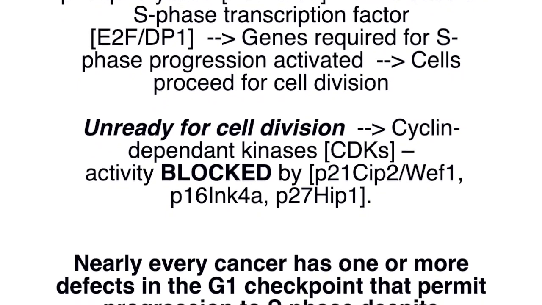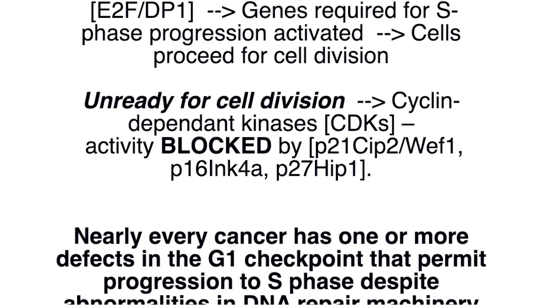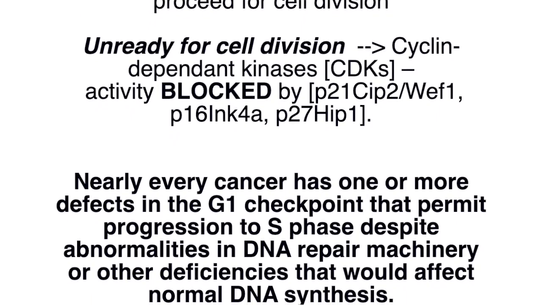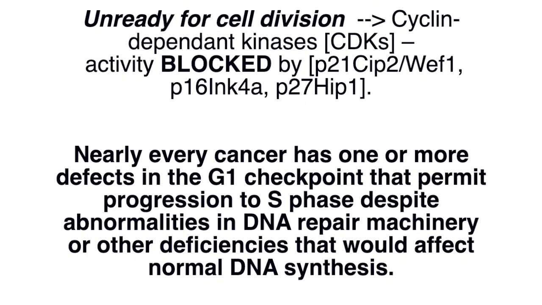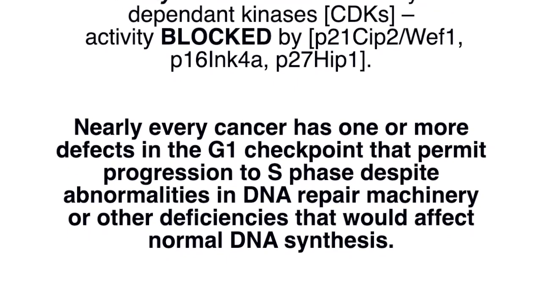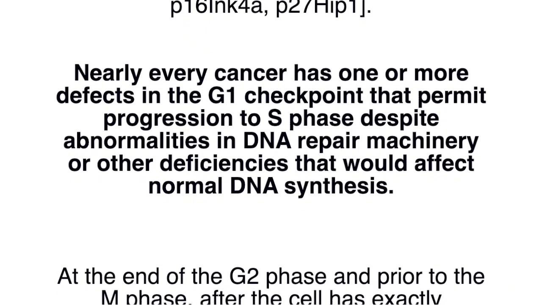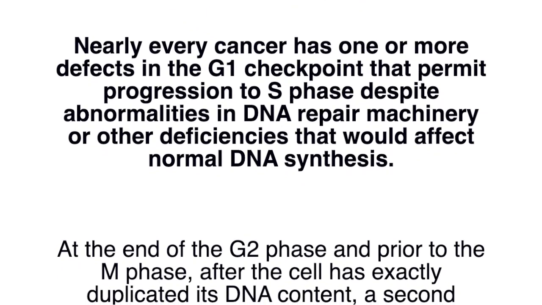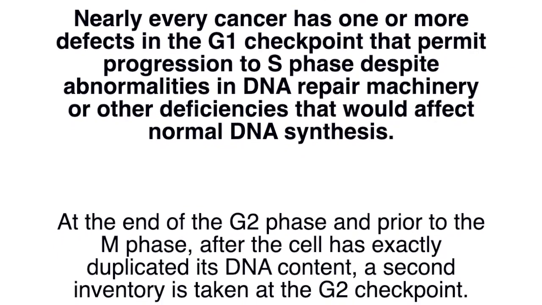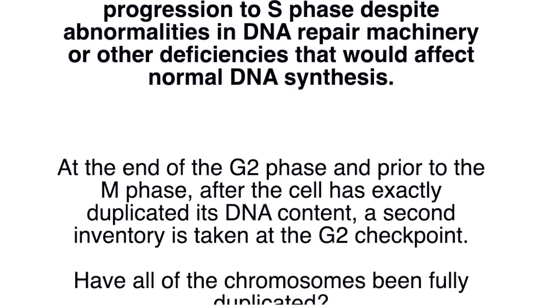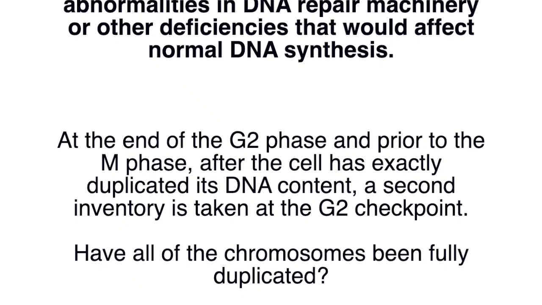If the cells are unready for cell division, cyclin-dependent kinase activity is blocked by P21 (CIP1, WAF1), or P16 (INK4A), or P27 (KIP1).